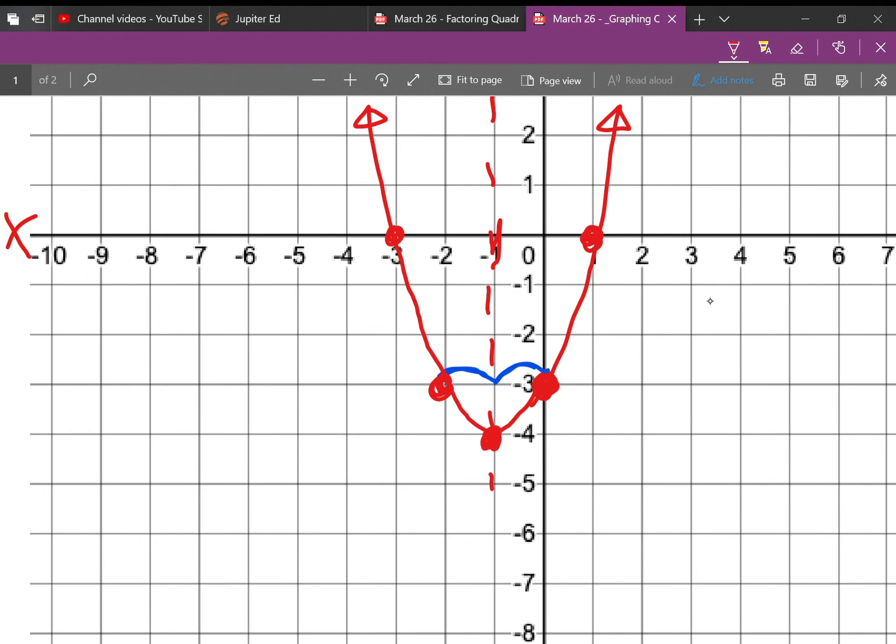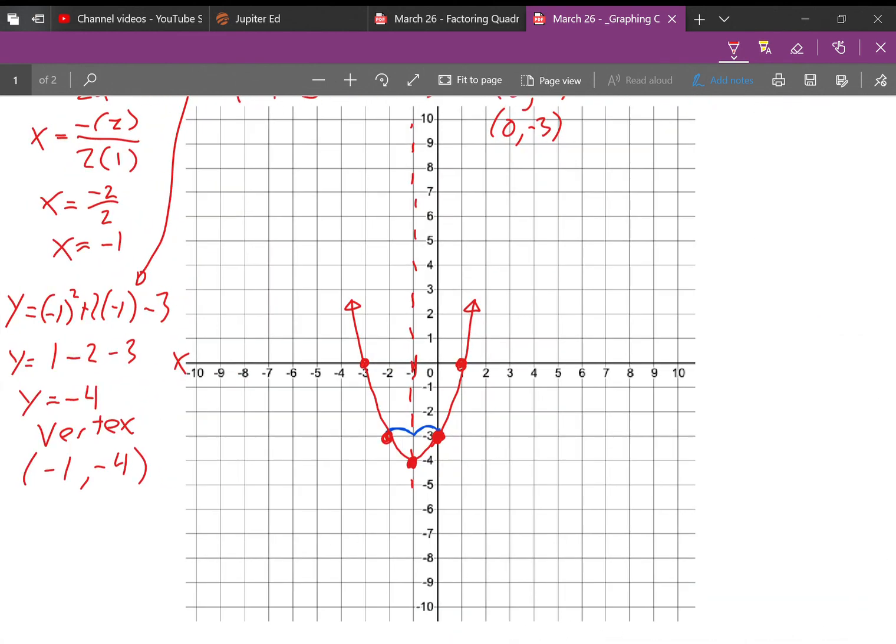And again, notice it's pretty pointy, but it's not a V shape at the bottom. It is kind of curved. So that's what my graph would look like. And of course, in reality, it extends further. Keeps going, always up and out.